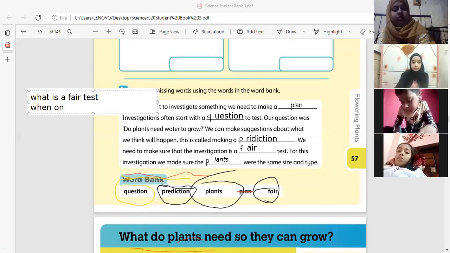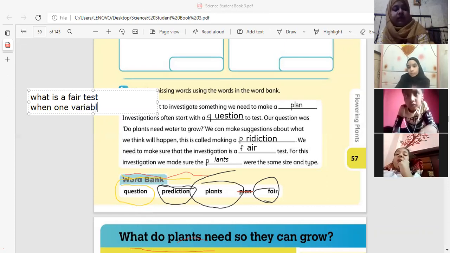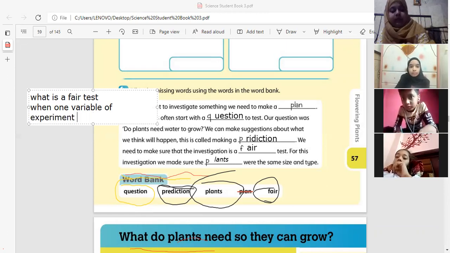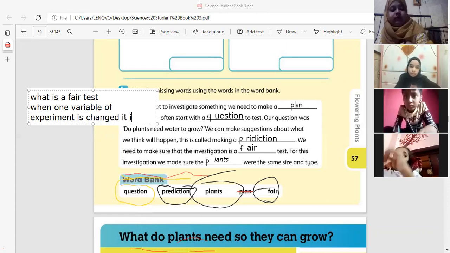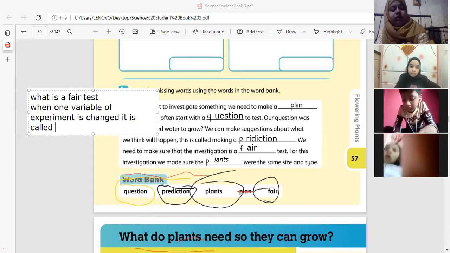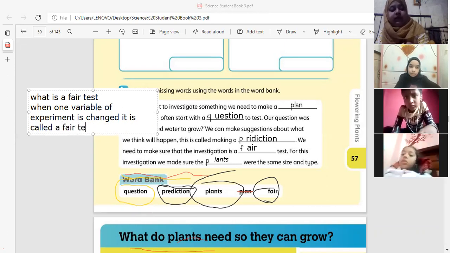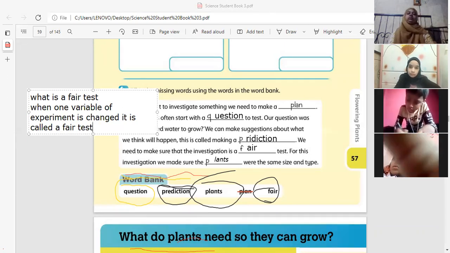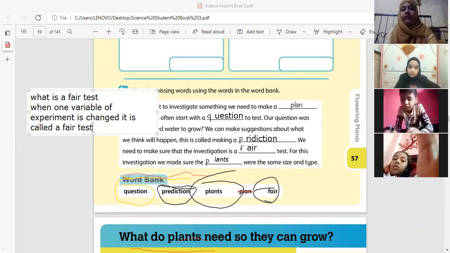When one variable of an experiment is changed, it is called a fair test. Only one variable.